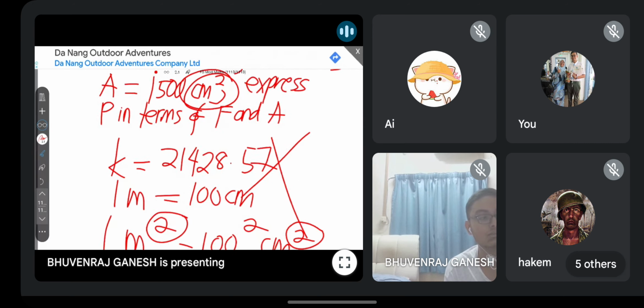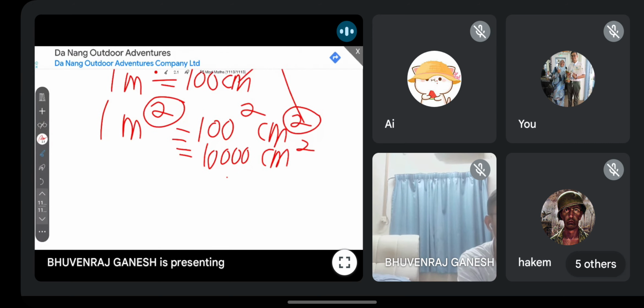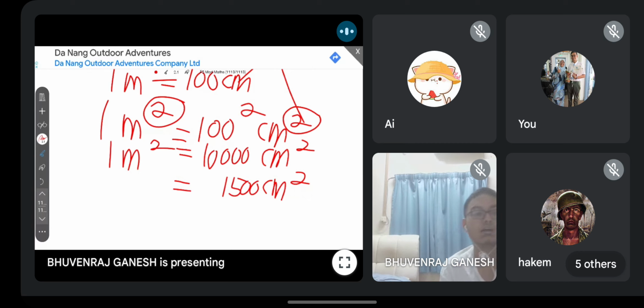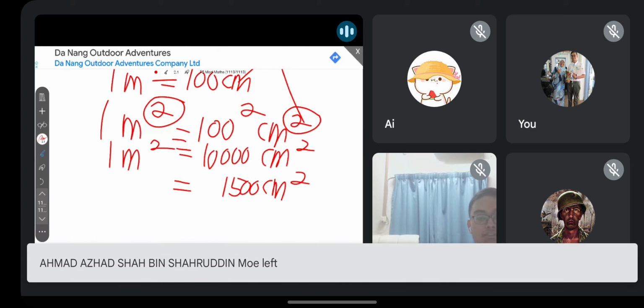Okay, so now they tell you that you got 1500 cm square. So can you all tell me how many meter square? Berdasarkan nisbah, what is your answer? I want to see whether you all know how to do ratio or not. How many meter square you all will get for 1500 cm square?